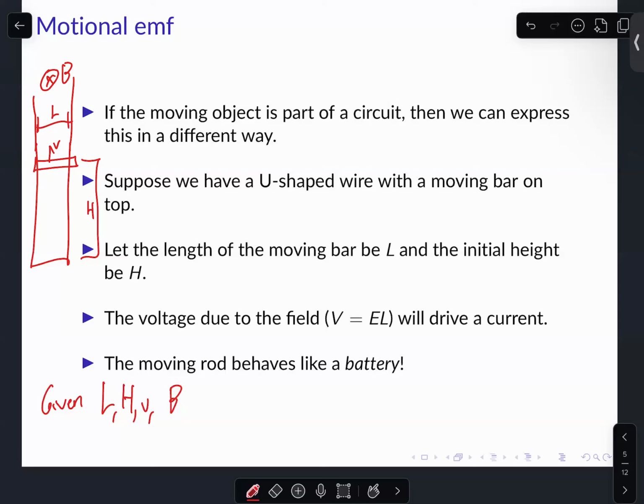What's the formula for the voltage in this case? Well, we just write down B. In this case, what's the direction that I care about? The bar is moving up and down. Its velocity is up and down.